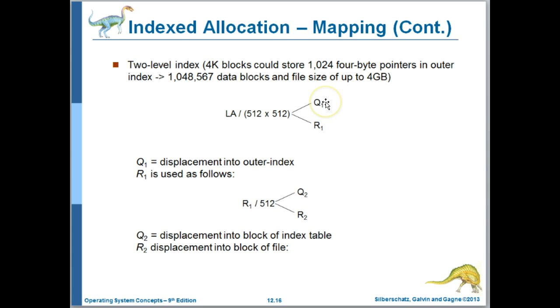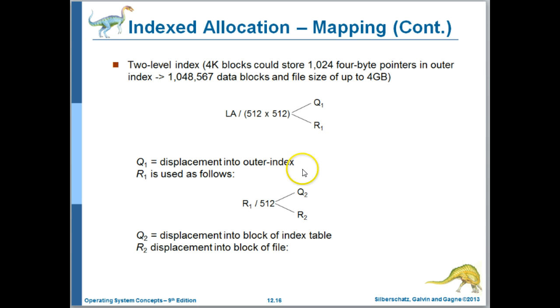The quotient then will give us the index into the top level index table, and the remainder then will give us the index into the second level table, which will give us the data block and also the offset within that data block.